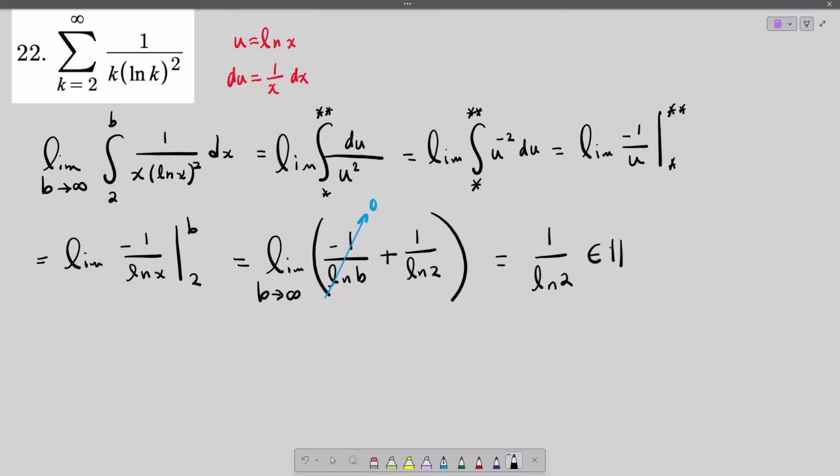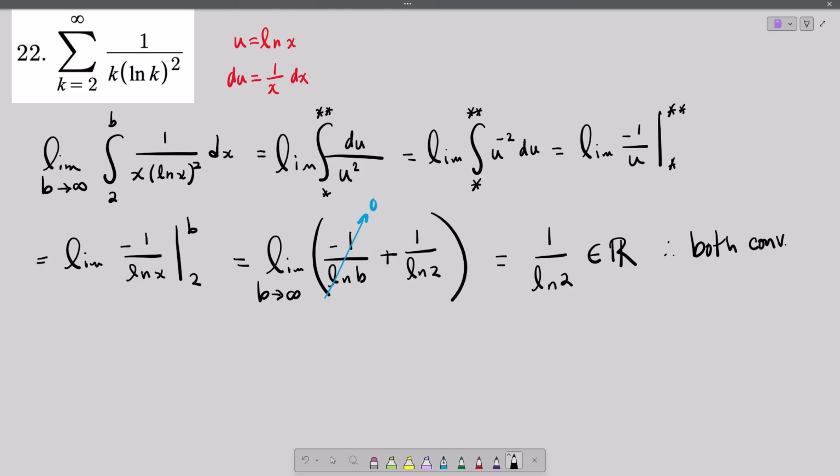This is a real number. Therefore, both converge. That means the improper integral is converging and the series is converging, so both have to do the same thing.